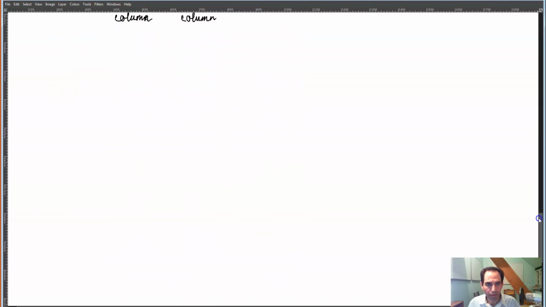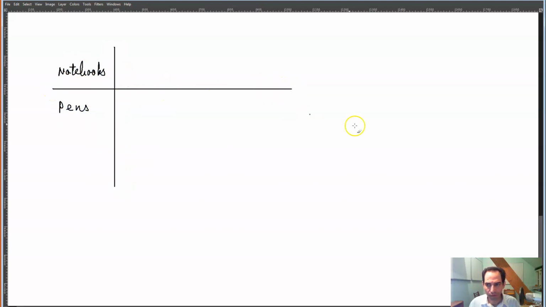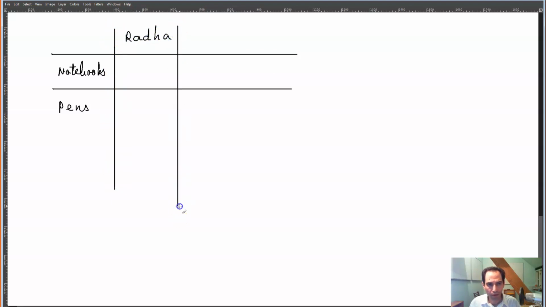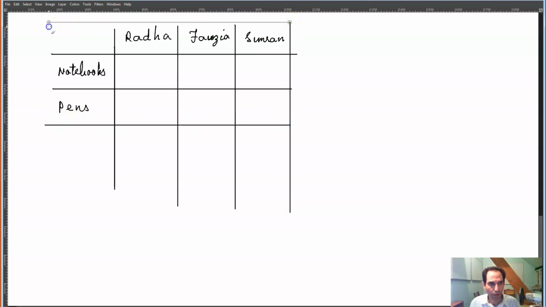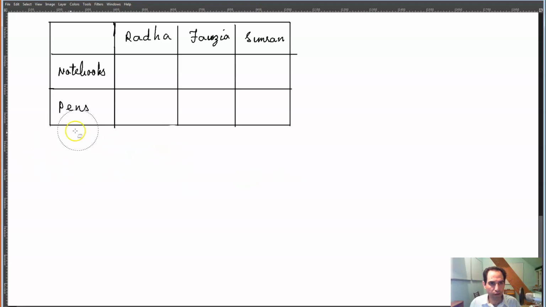Meaning that, for example, over here I could have notebooks and I could have pens, and then over here I have Radha, Fazia, and Simran. And then I can write this in this form.